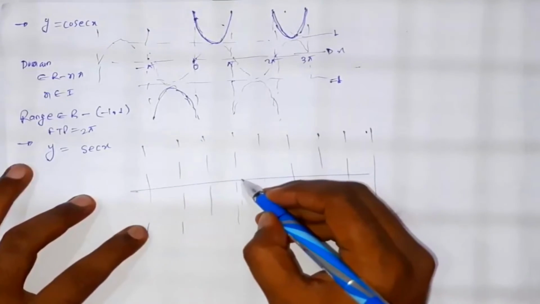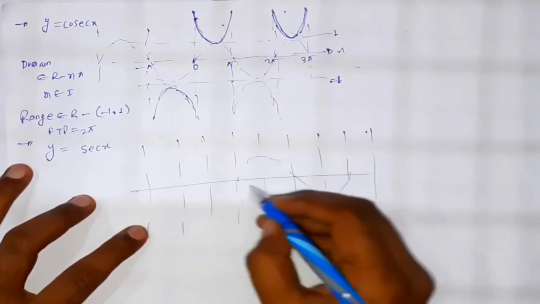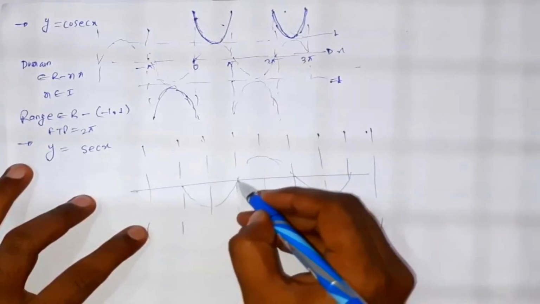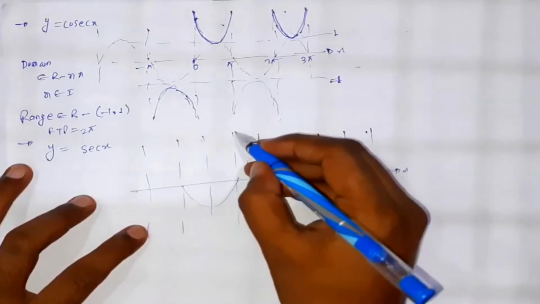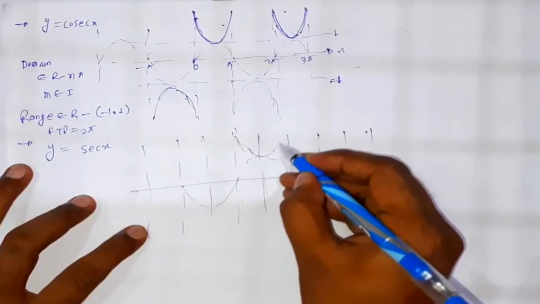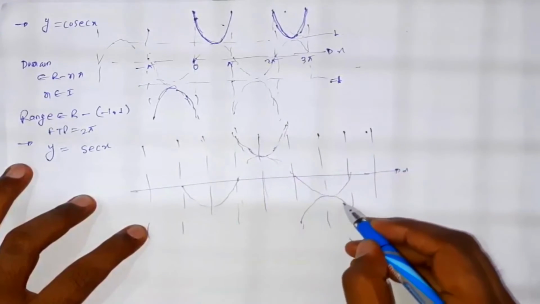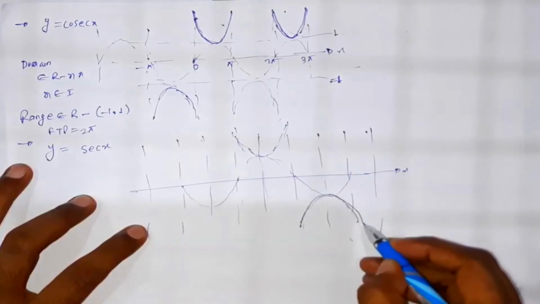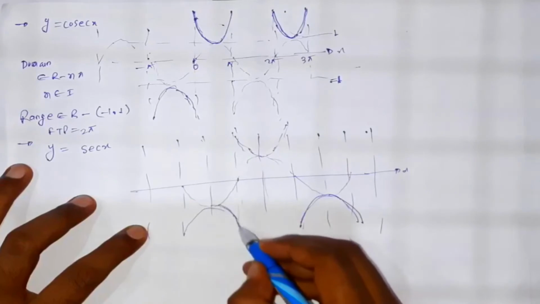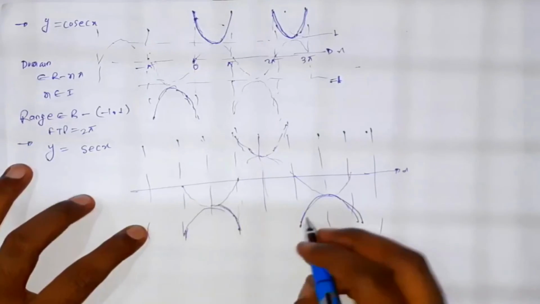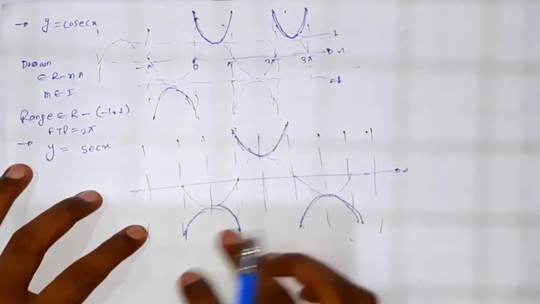So we will simply reverse this. This is the graph of this sec x. So these parts are the graph of sec x.